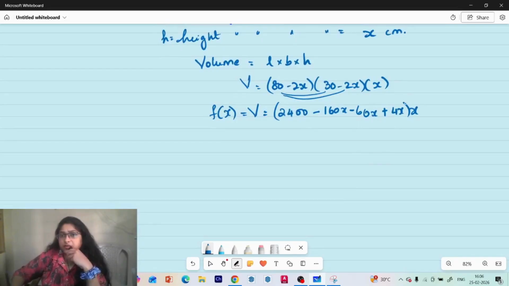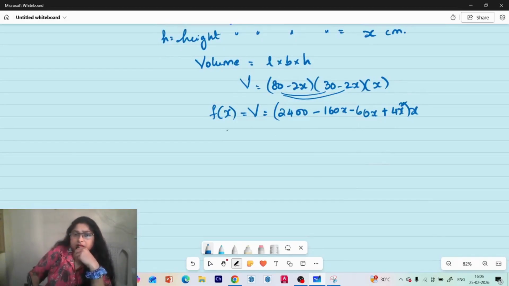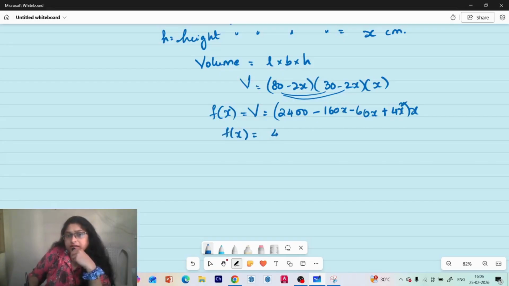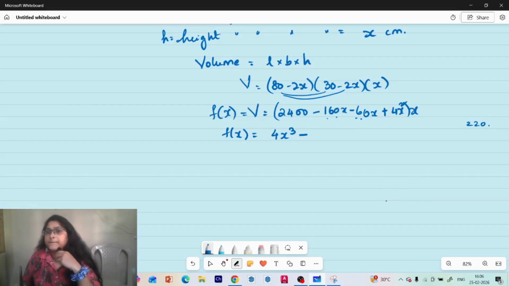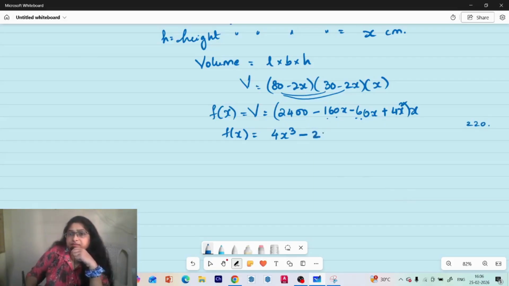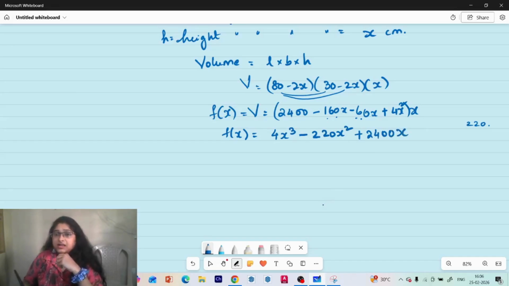So f of x is equal to 4x cube, and 160 plus 60 is 220, so minus 220x squared, plus 2400x, and that's our f of x.